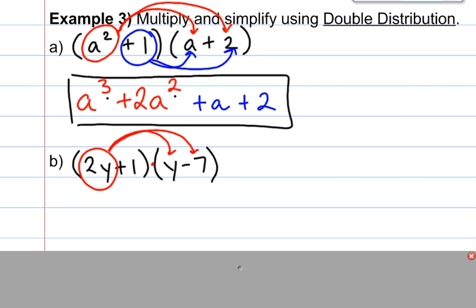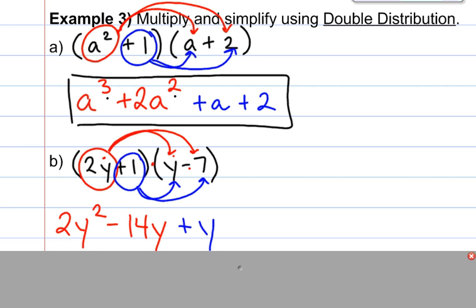So that's going to be 2y times y is 2y squared. Then 2y times -7 is -14y. Then the next term is plus 1, and it gets distributed to everything inside. So 1 times y is just y, and 1 times -7 is -7.